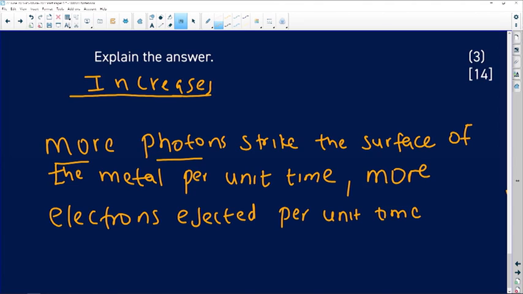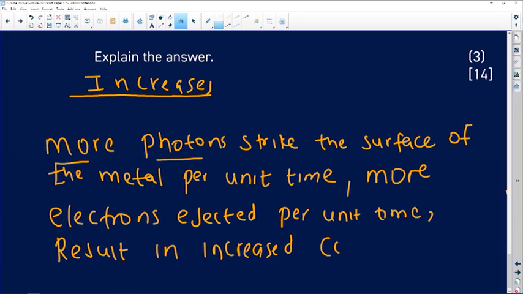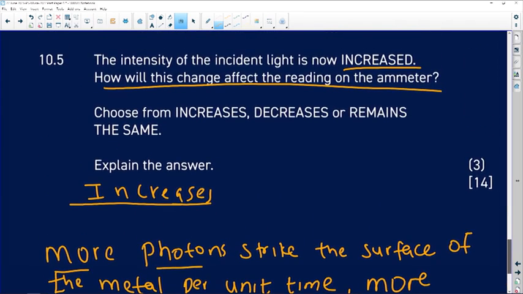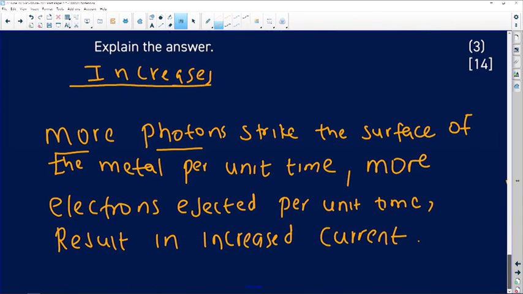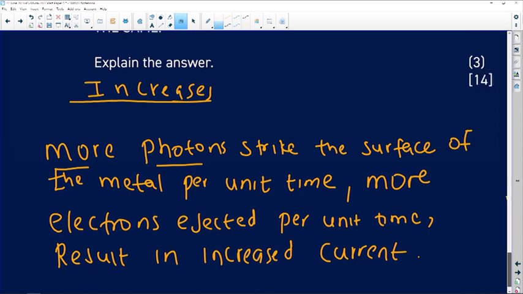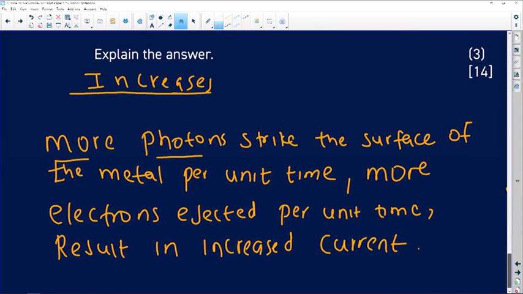It will result in increased current. Because when we look at our question here, we were asked about the current, so we must conclude our answer by saying whether the current is going to increase or not.